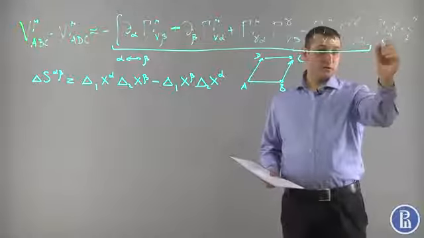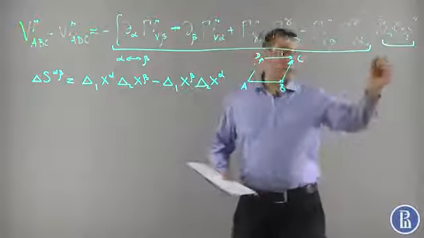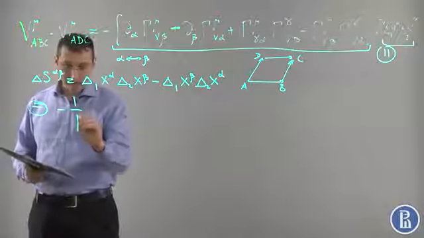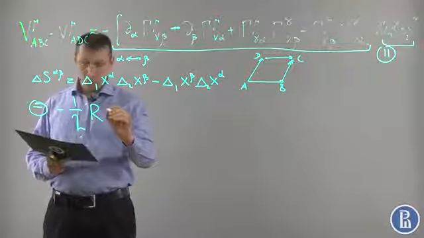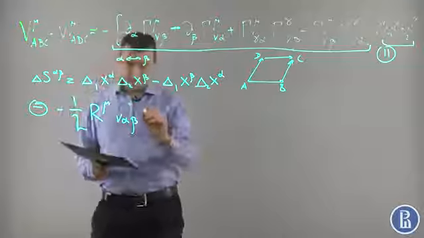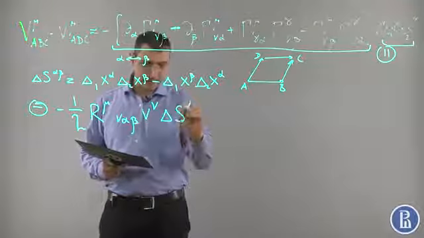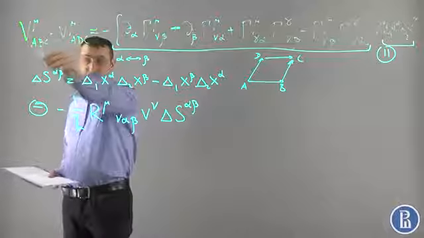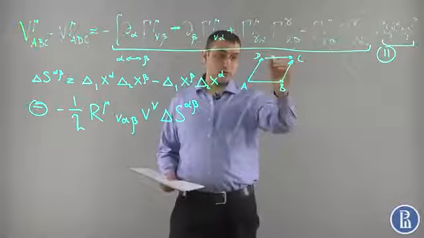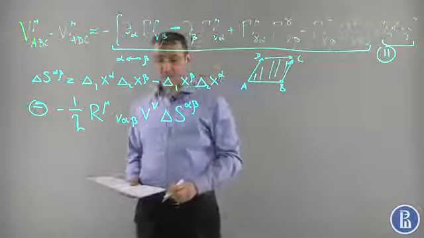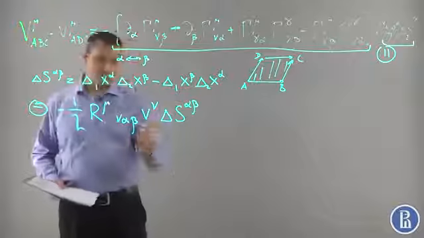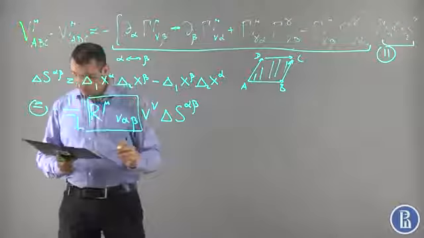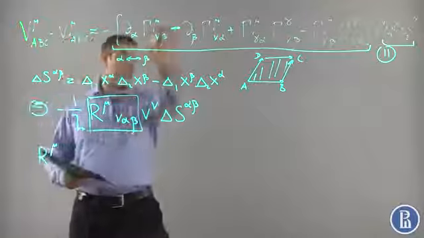Instead of this expression, we can use this one, and this is equal then to minus 1/2 R^μ_{ναβ} V^ν δS^{αβ}. So the result of the rotation of this vector after parallel transporting along two different paths is proportional to the area of this parallelogram, proportional to the vector itself, and proportional to this quantity, which has the following form by definition, as follows from this formula.